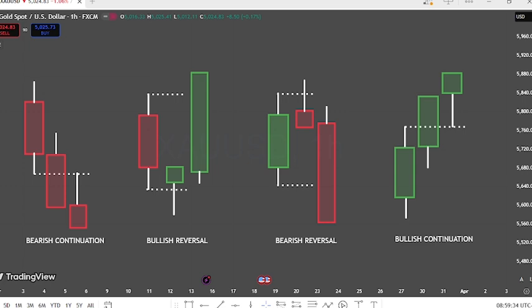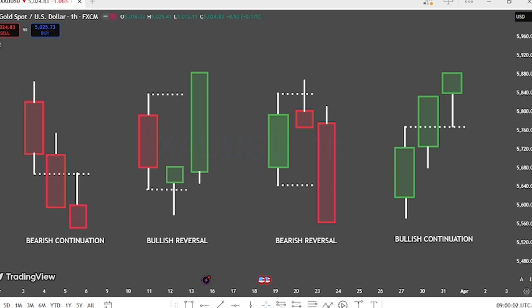CRT is short for Candle Range Theory, and it is a trading concept that deals with seeing each candle as a range, being that every candle has its own open, high, low, and close, or open, low, high, and close.